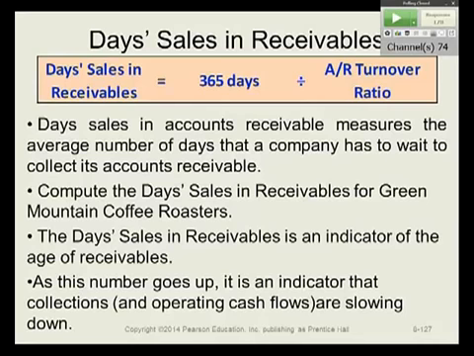If we want to do the inventory turnover ratio, it is cost of goods sold divided by average inventory. Okay? And we said in that chapter that average inventory is beginning plus ending divided by 2. So that's what we mean by average inventory.